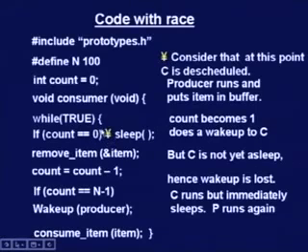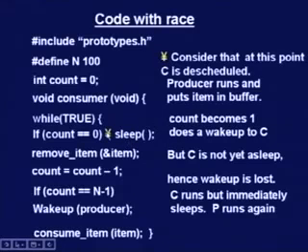Let us say at this point where I have put the asterisk, that means after testing the value of count to be 0 and before it can sleep, the consumer is taken off the processor. So, consider that at this point C is descheduled before it goes to sleep.